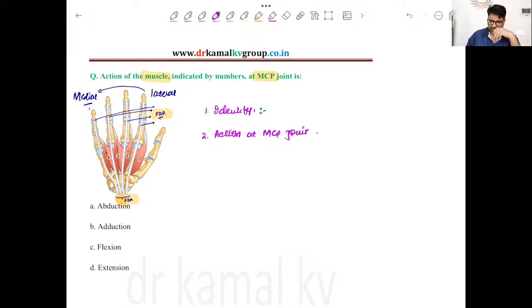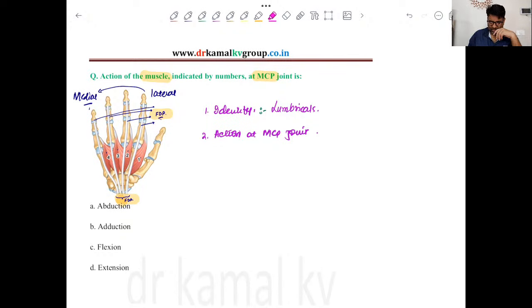Now these muscles are actually the lumbricals. Okay, so these are the lumbricals, and they are 4 in number. Okay, Sneh, yes, those are the small muscles of the hand.